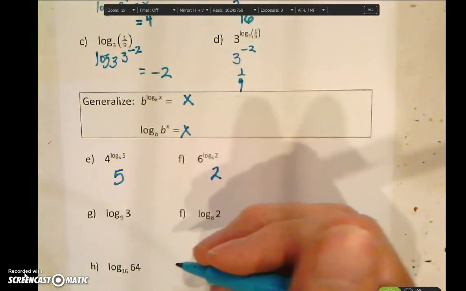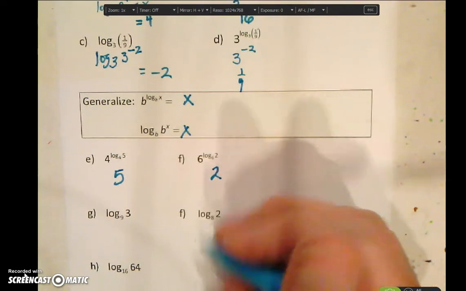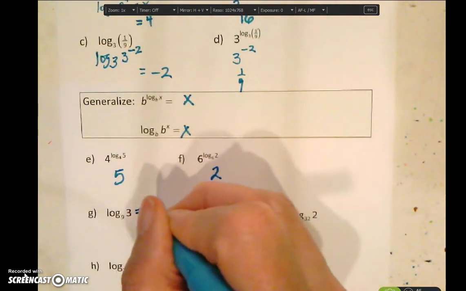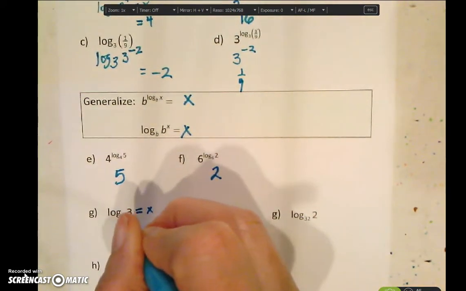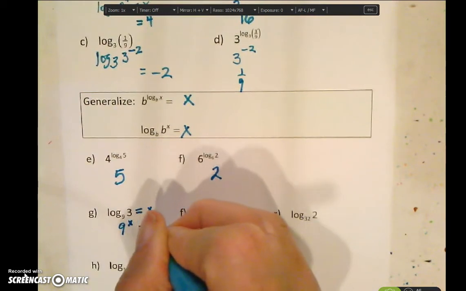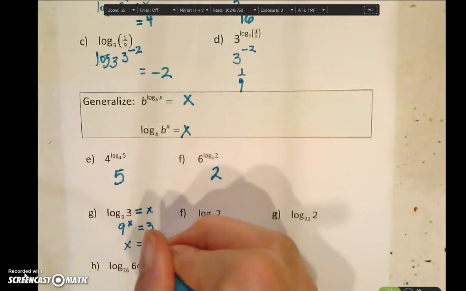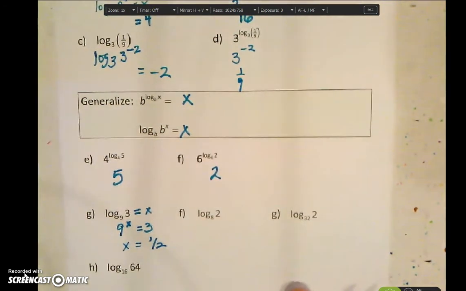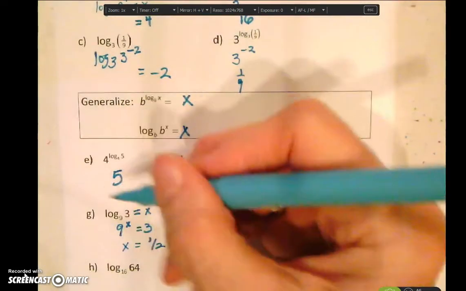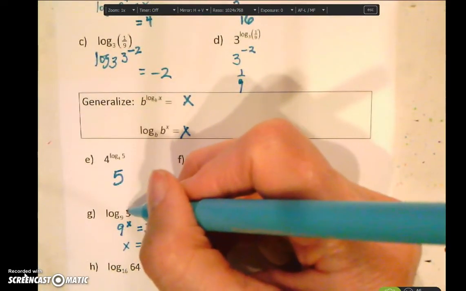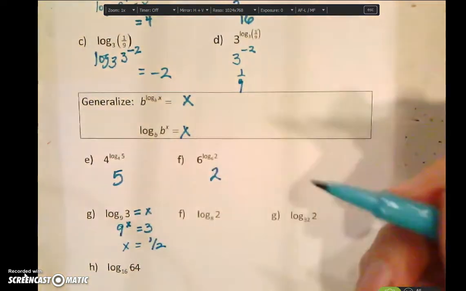Then 9 to the log base 9 of 3. I guess we could probably do that the same way. I think I would still just go ahead and do this where I'd say 9 to what power is 3. And then that's the square root, which means that x is going to be equal to 1/2. So I think what they were going for here is that you put this as 9 to the 1/2 right there.